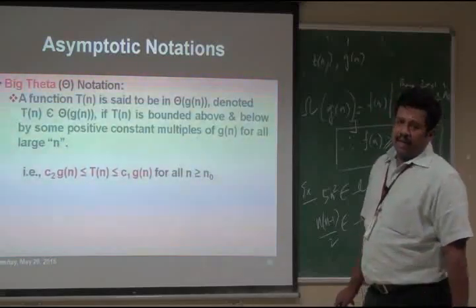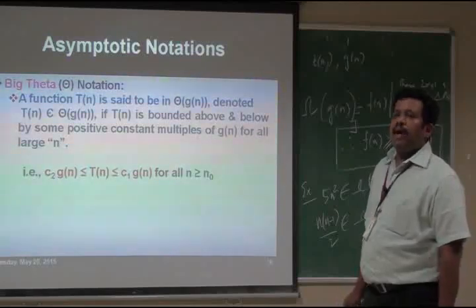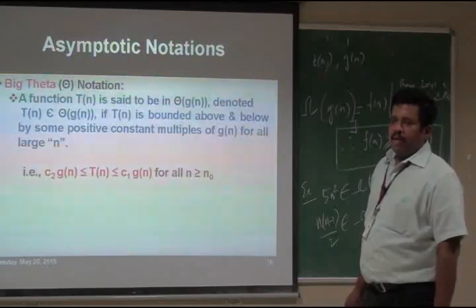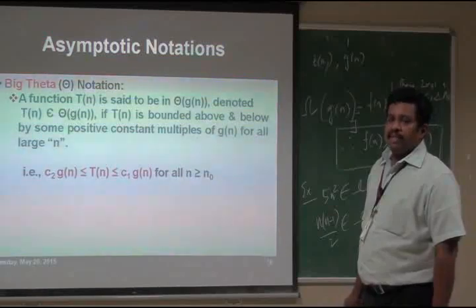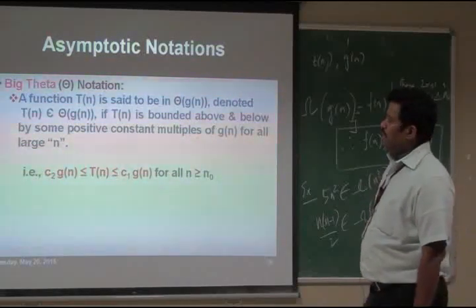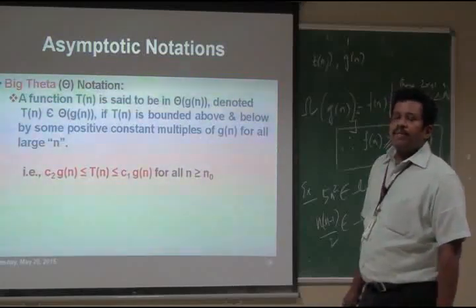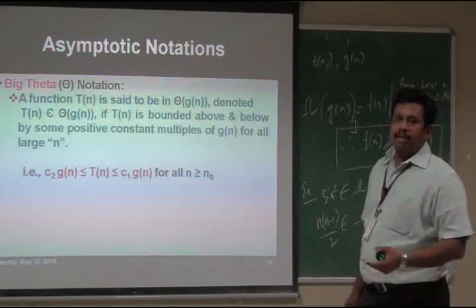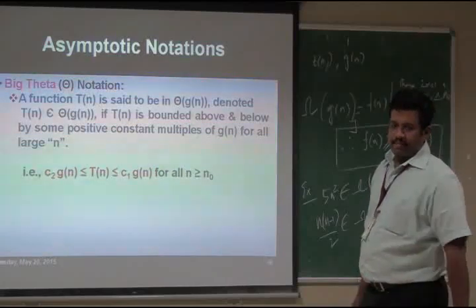Next one is big theta notation. As I said before, this is the average complexity measure. If you want to measure the average complexity of an algorithm, go for big theta notation, which is used to measure the probability of a successful search between best case complexity and worst case complexity.